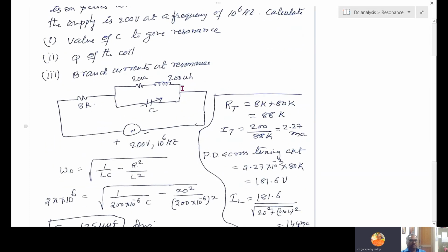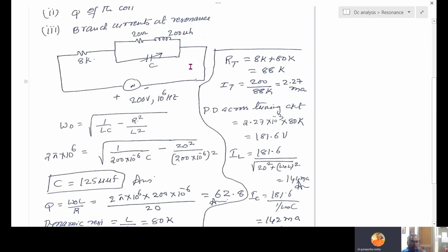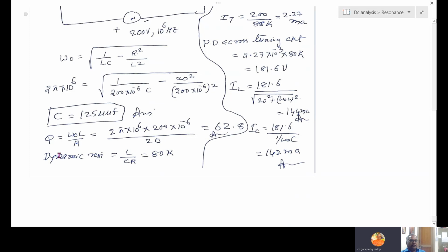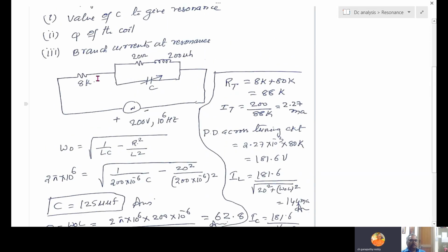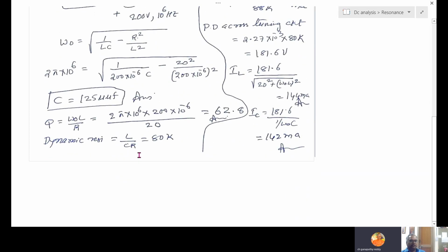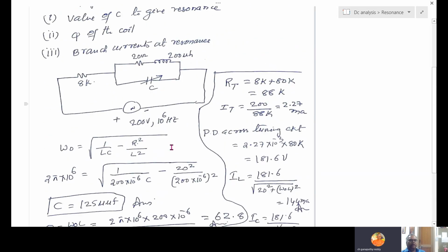Next, branch currents at resonance. To find the branch currents at resonance, first find the dynamic resistance of the whole circuit. So what is the dynamic resistance of this circuit? At resonant condition, this formula derived earlier, L by CR. So substitute the L, C, R values, you will get 80K.